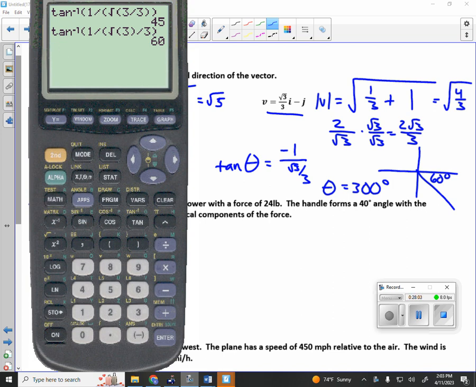Number 7 and 8, it says find those values. That's not going to be a problem for you. But look at number 9. It says find the absolute value. That's a symbol for magnitude. So finding the magnitude of u and the magnitude of v, that's not tough, is it? Look at the next one, the magnitude of 2u. So before you find the magnitude, what should you do first? Multiply it by 2. Then you can go from there.